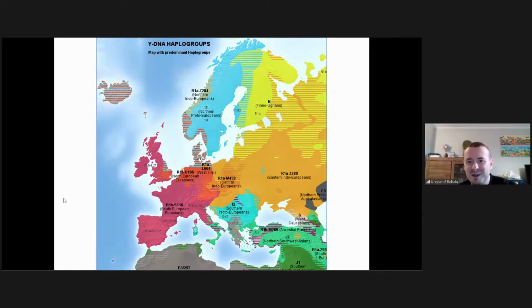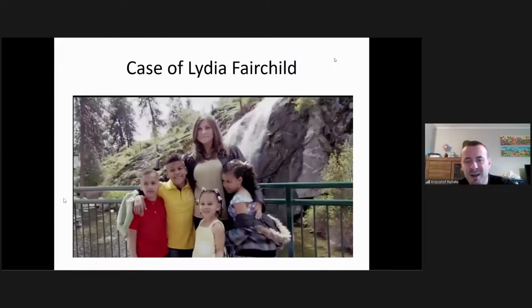So just to show you what interesting things can be discovered when analyzing the DNA of a person, here's an interesting story, the case of Lydia Fairchild. This woman is shown on a photo with her 4 children.